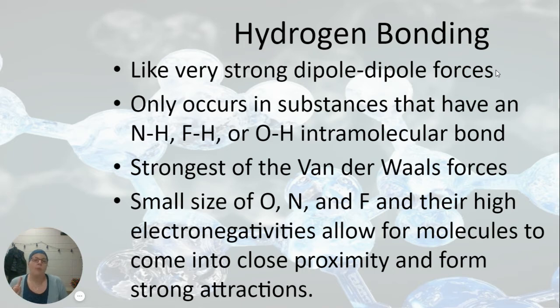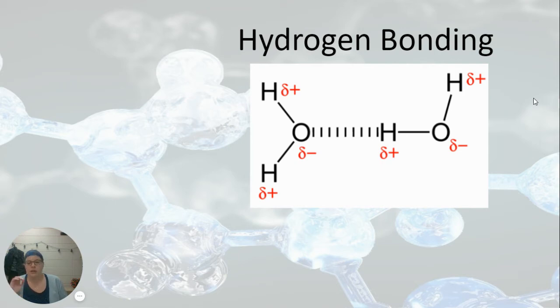That, coupled with the tiny size, and we talked about how attractions between elements that are very close to each other give us strong bonds. So, and I'll show you a picture of kind of what happens. That tiny size allows neighboring elements and molecules to get very close together, and then they form a very strong attraction. So here is water again.